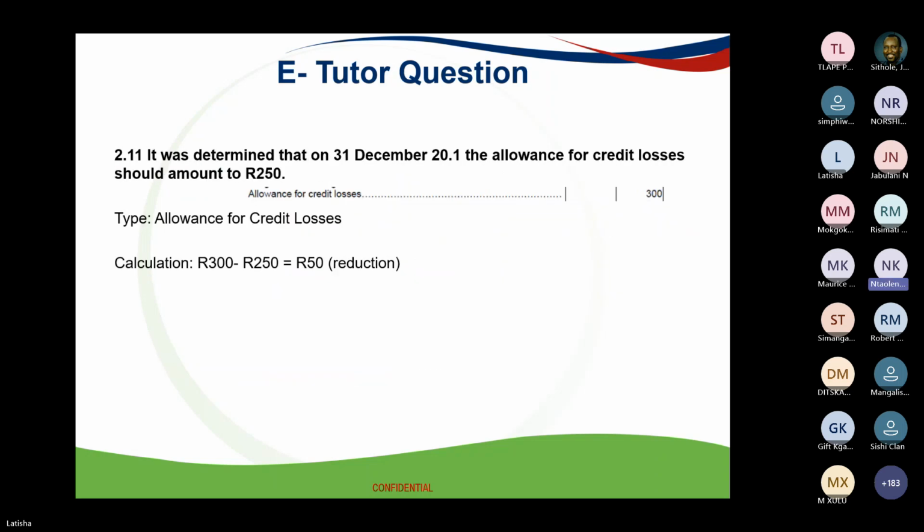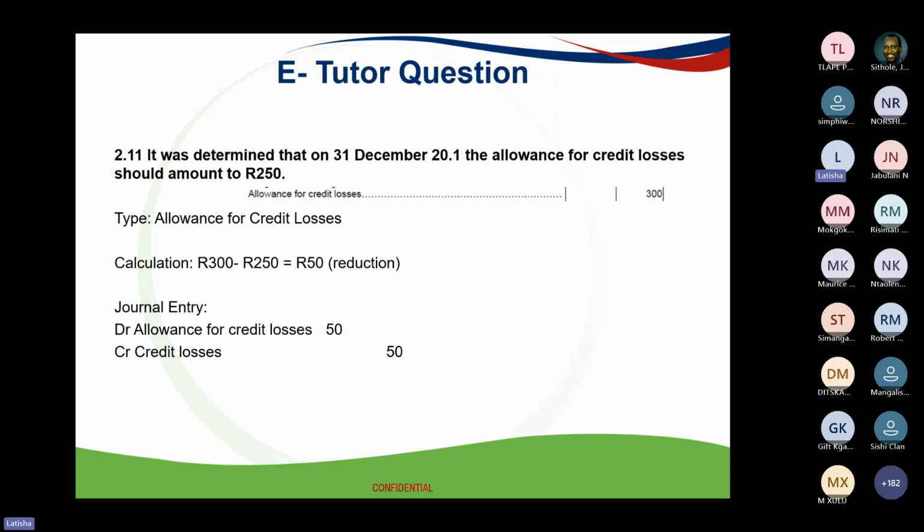Is it not that credit losses in its nature is an expense account, and the reason it was credited here is to make an adjustment to the original credit loss amount? I saw some students writing in the chat that credit loss is an income, and I wasn't sure if in its true nature it is an income account, or whether it was because of the adjustment that we're making to the allowance for credit losses.